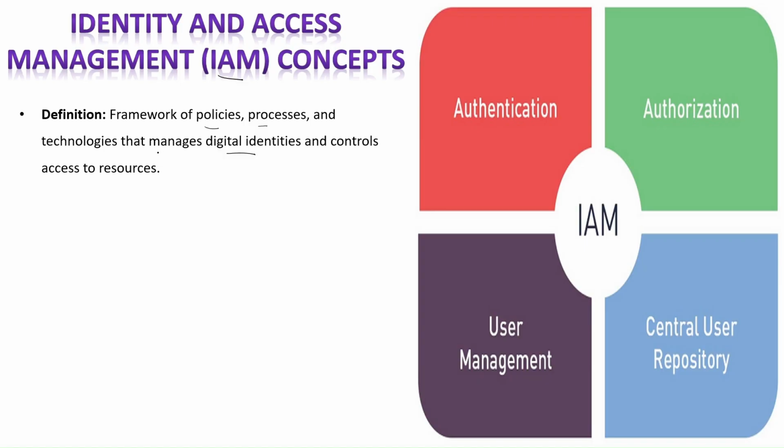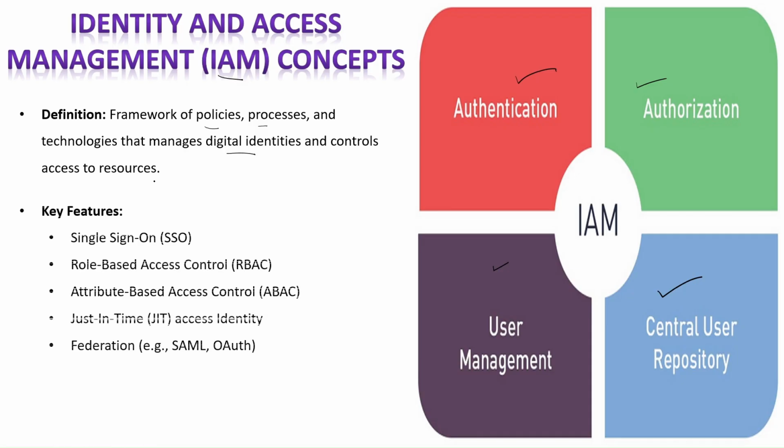One example is username and password, digital certificates. These all are digital identities. And what are the components of IAM? These include authentication, authorization, then user management and a central repository for all the digital identities and users.